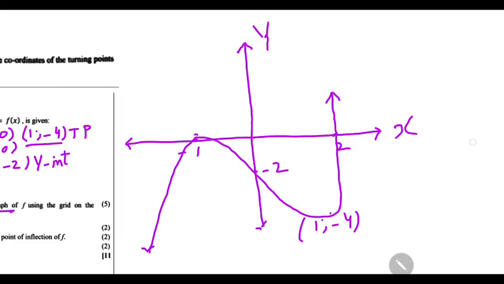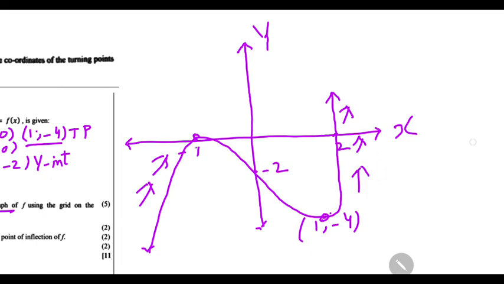So this is my graph, you can see these are the turning points. The graph is increasing, which means the first derivative is positive, and here also the graph is increasing, which means the first derivative is positive. So this is the sketch of the graph.